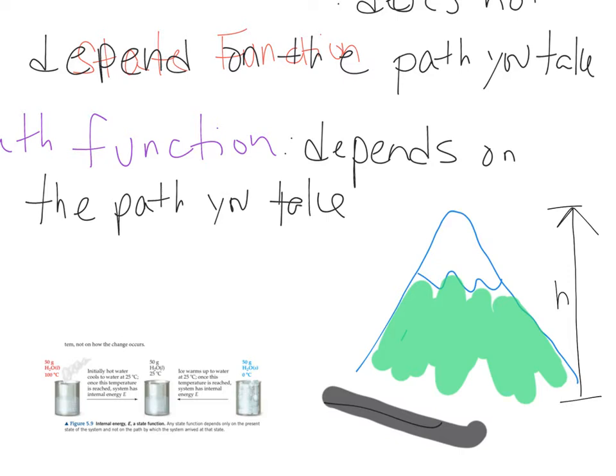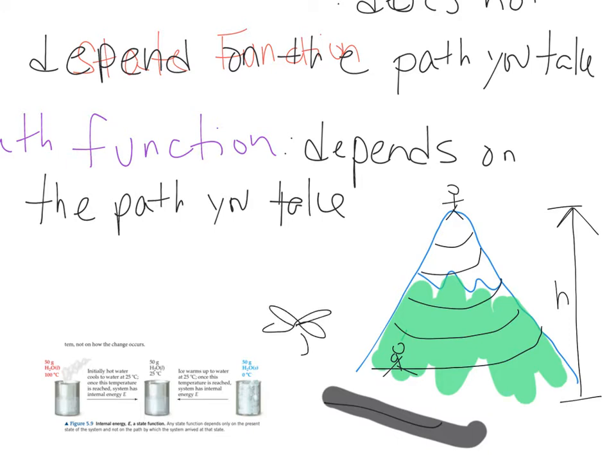Whether you walk around and around the mountain with your backpack and you get to the top, the height that you have gone up is the same, whether you did it that way or if you took a helicopter. That's my helicopter, and you flew up and you landed over here. Either way, you've gone the same height.